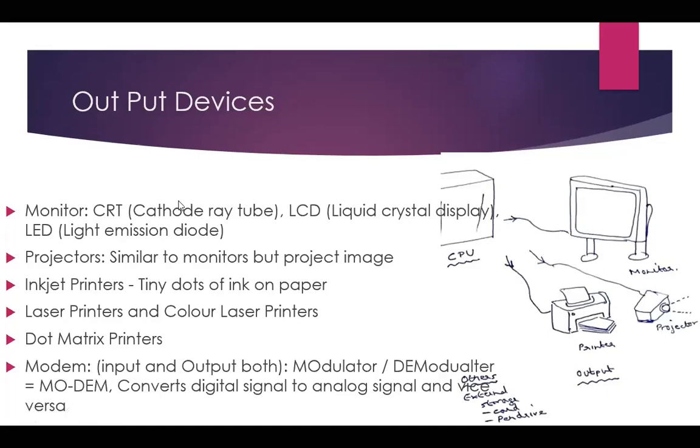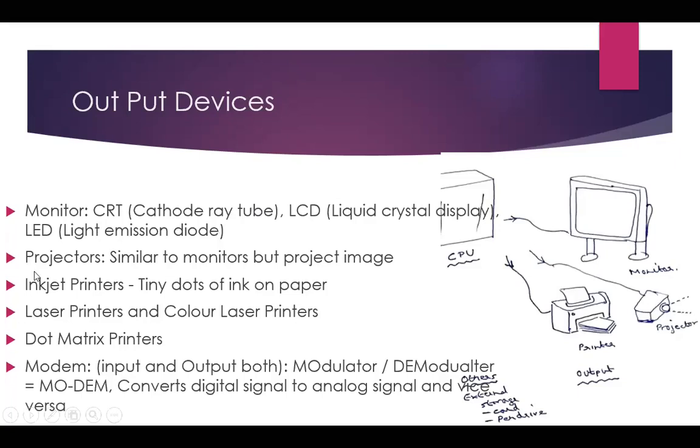Previously, our television sets were based on this technology of picture tubes. There used to be bulky television sets, and similarly, monitors of computers were also based on cathode ray tubes. Now we have LCD and LED monitors. LCD stands for liquid crystal display, and LED for light emitting diode.